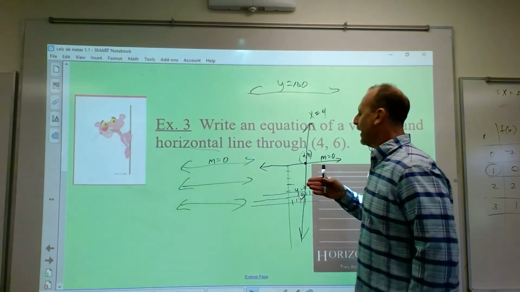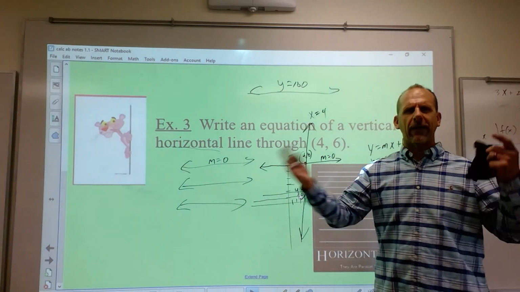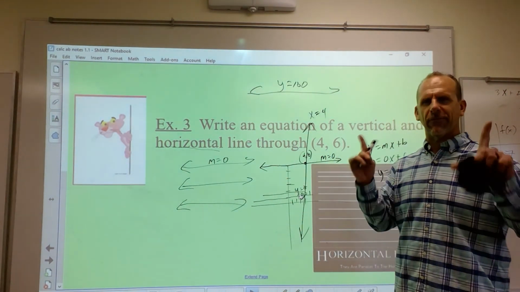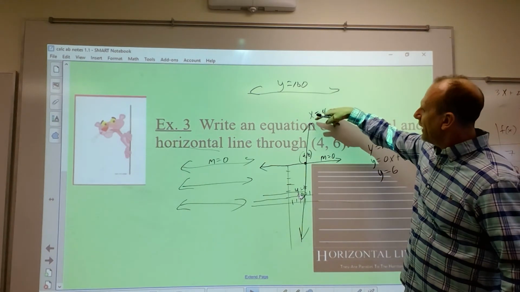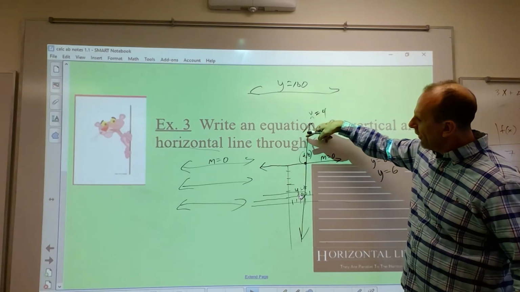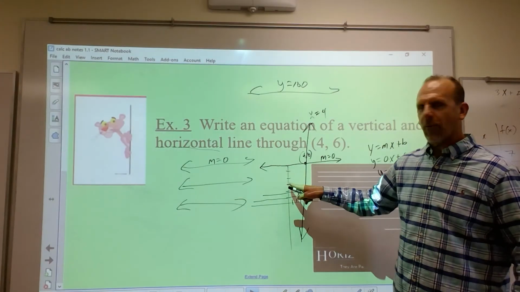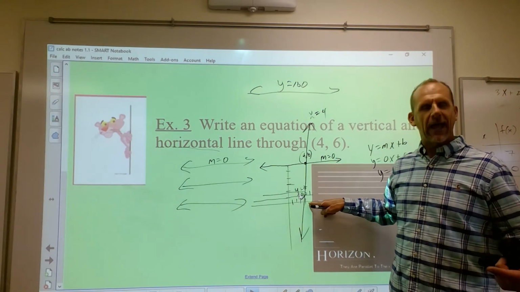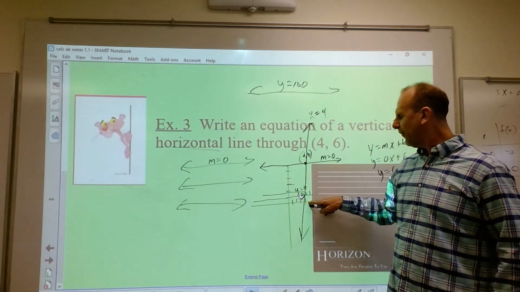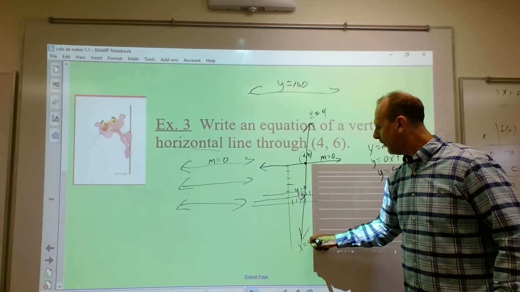Now, how do I know? How do I get them straight? Which one's x equals? Which one's y equals? This is how I do it in my head. This vertical line right here is never going to hit the y-axis. It's only going to hit the x-axis at some spot. And where's it going to hit it? X equals 4.